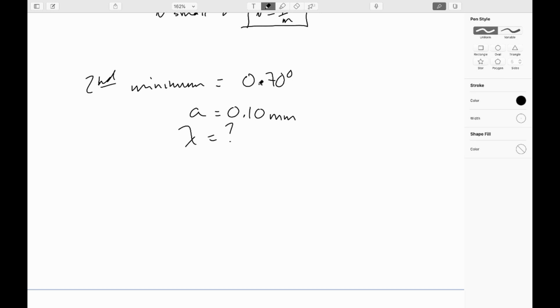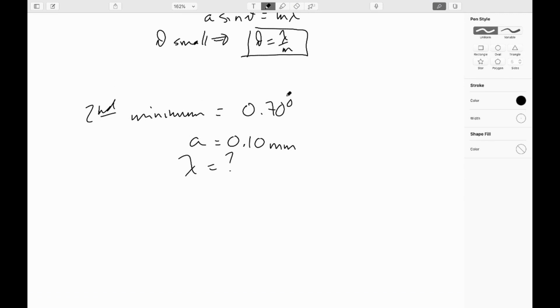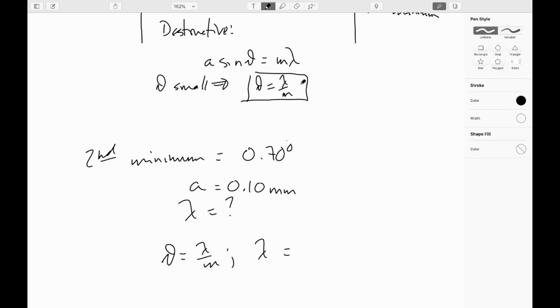Well, we can use the relationship that we just had here. 0.7 degrees is certainly a small angle, so we can use the small angle approximation. So we can start with theta equals m lambda over a.